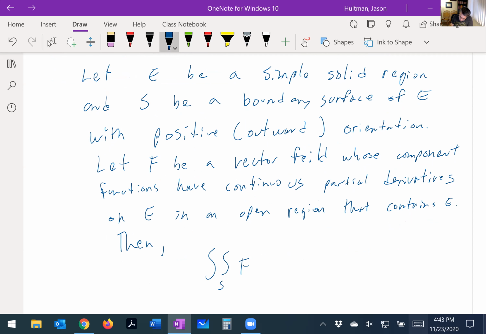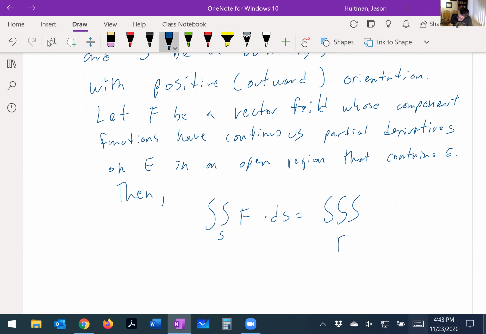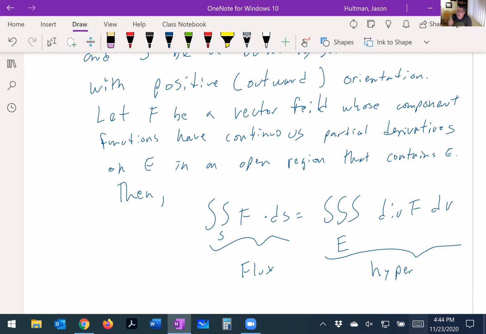the surface integral of F dot dS is equal to the triple integral over the region E of the divergence of F dV. Basically, we're taking the flux to what we would call a hypervolume, one dimension above volume, the fourth dimension.